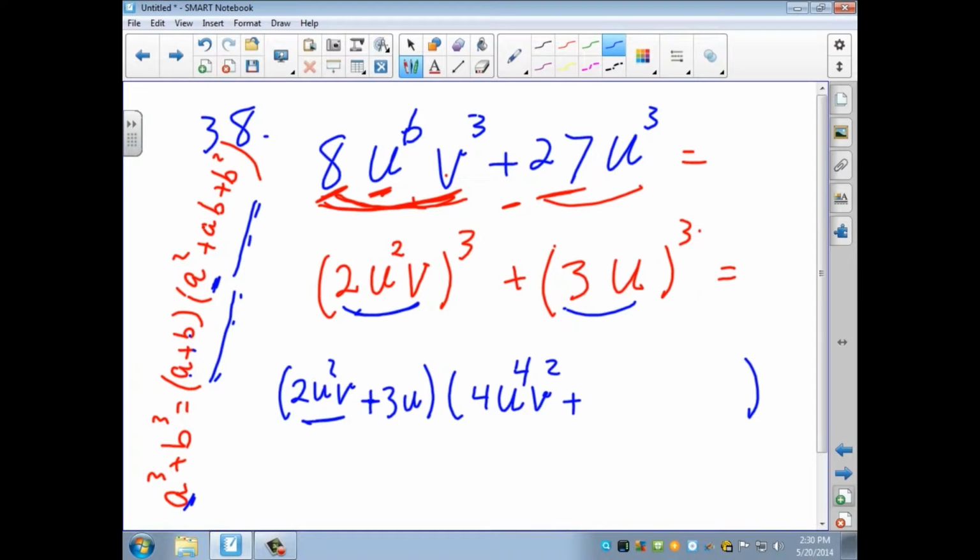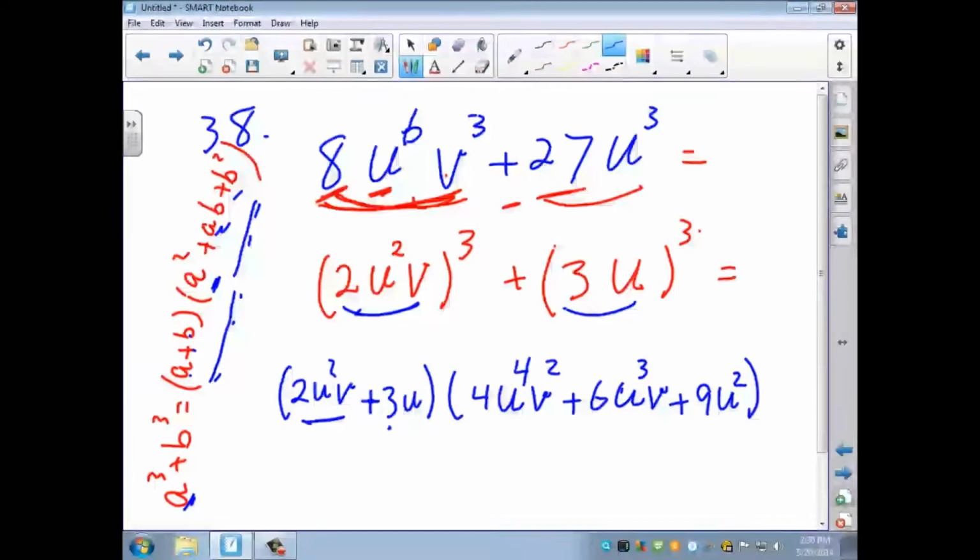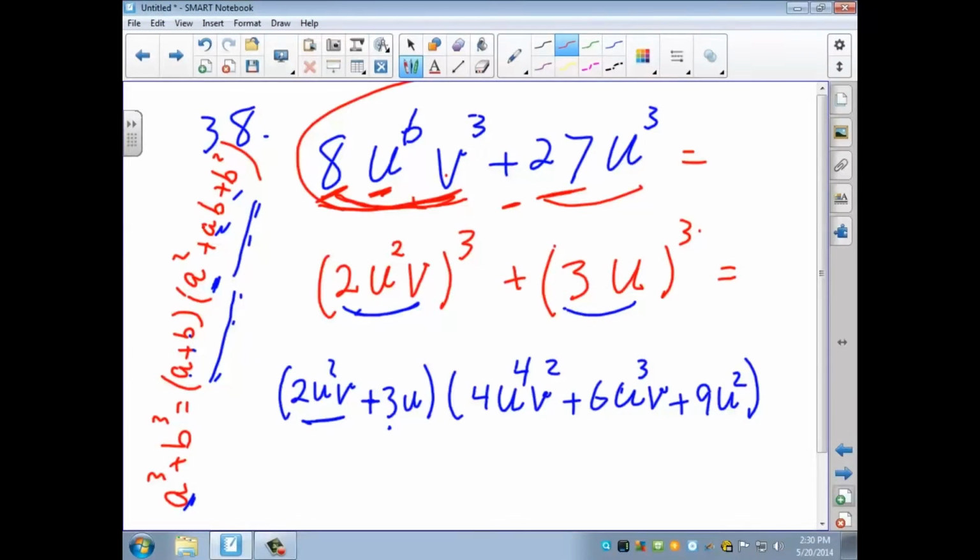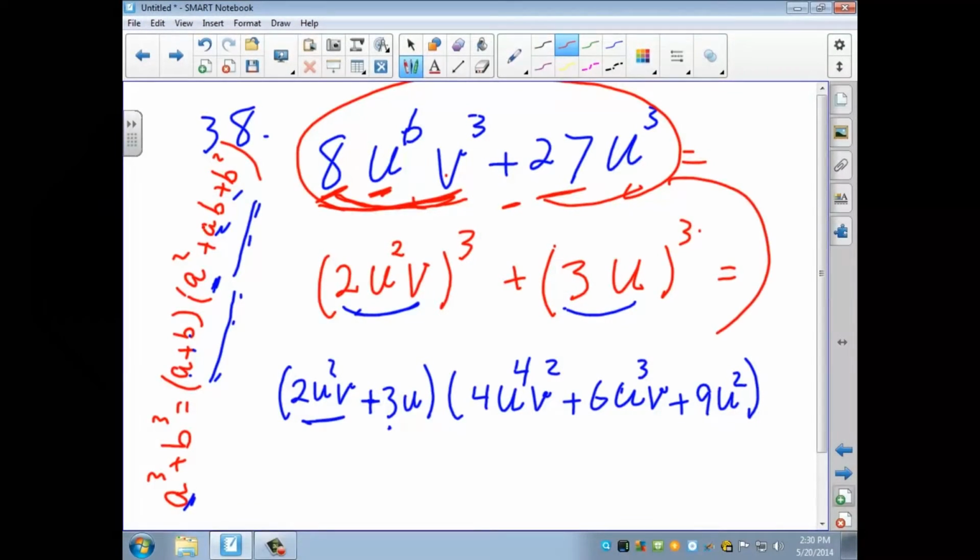Plus a times b, so you multiply the 2 together. 2 times 3 is 6. U squared times the u is u to the third, and then v. And finally plus b squared, so it would be plus 3u squared, which is 9u squared. So that's what it comes out to when you factor this. So what you have up here is factored into this.